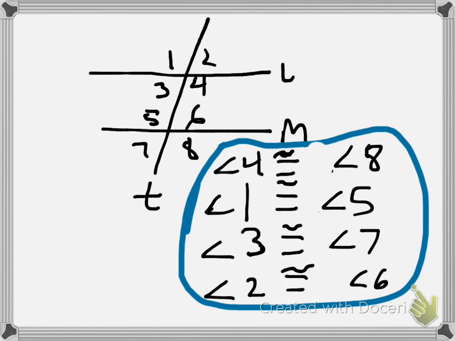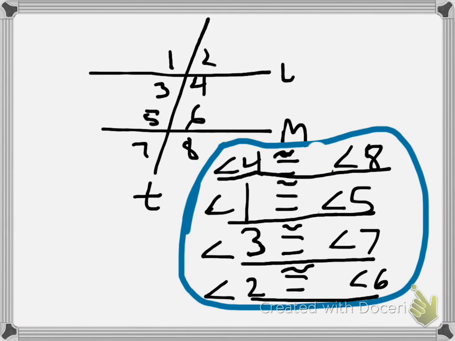So those are congruent angles. Basically, 4 and 8, 1 and 5, 3 and 7, and 2 and 6. Those are corresponding angles, but only if the lines L and M are parallel, excuse me.